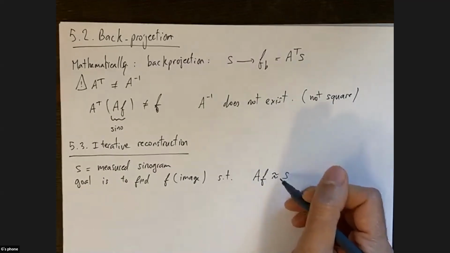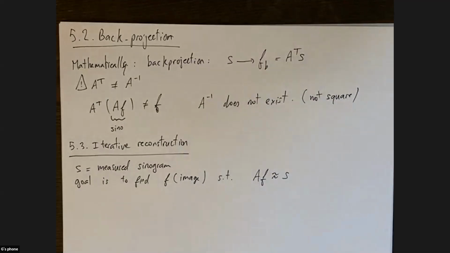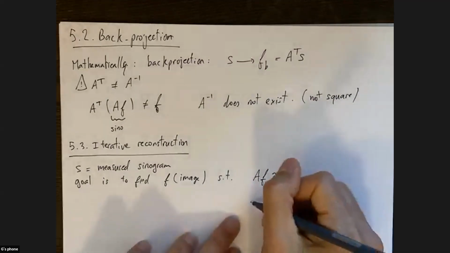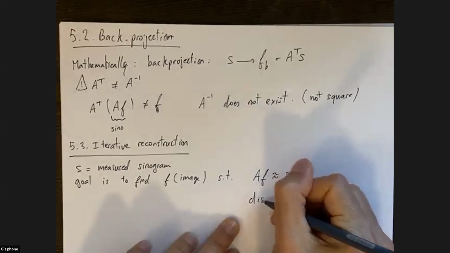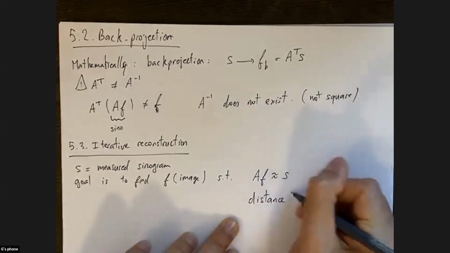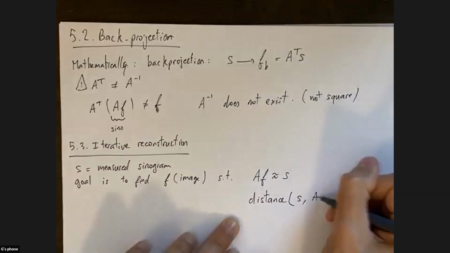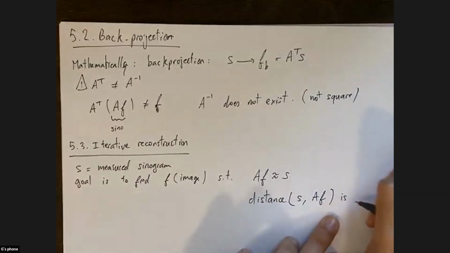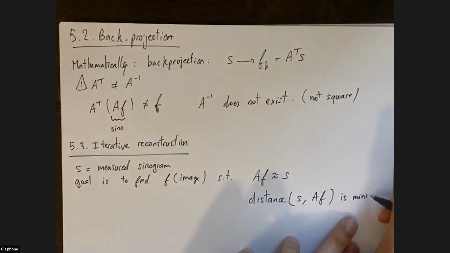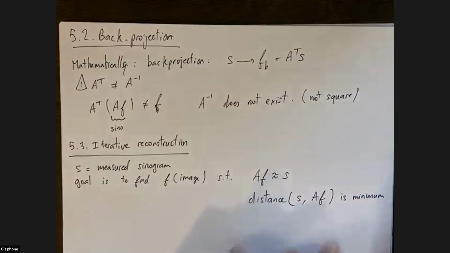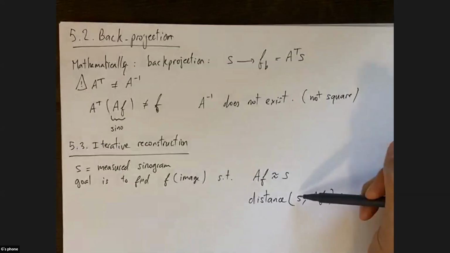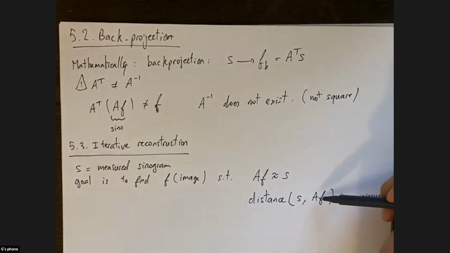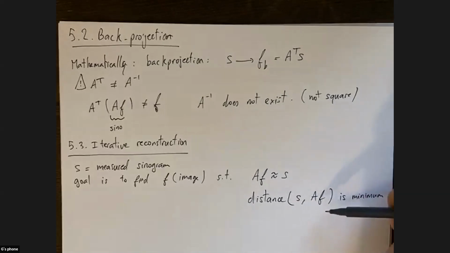So when I say approximately equal, we're going to try to minimize some distance. The idea is that the distance between S and A of F is minimized. These are two vectors, right? S is a vector, A of F is a vector, they're both sonograms.